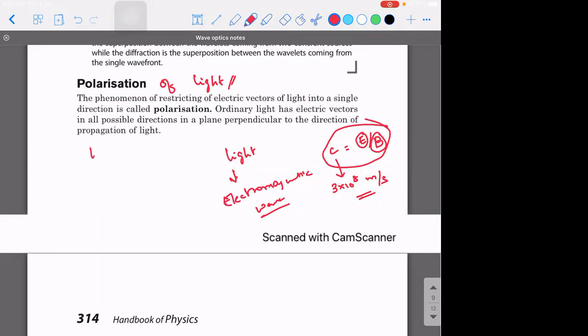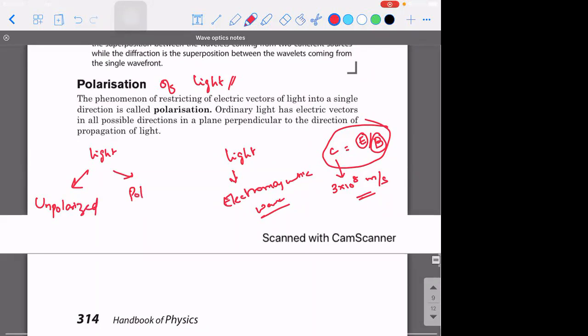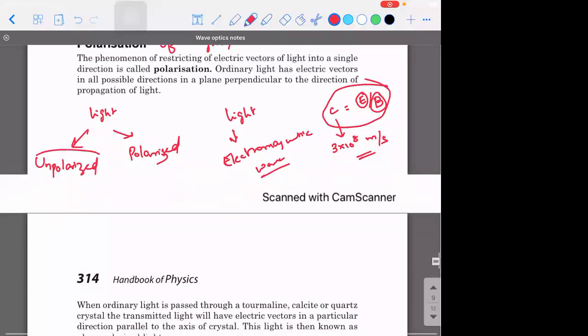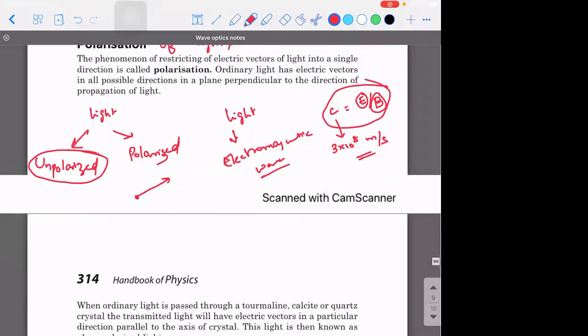basically light is classified into two types. One is called unpolarized light, and the second is called polarized light. So what do you mean by unpolarized light? Unpolarized light is the one in which the electric field vector of the light is vibrating in all the directions. Are you able to understand this?